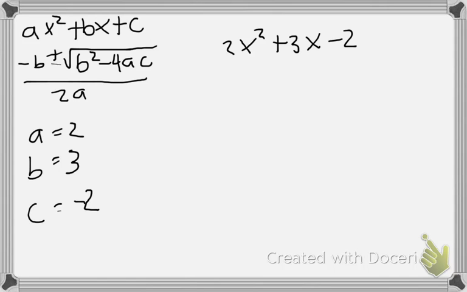So now all we have to do is take our numbers and plug them into the quadratic formula and then simplify. So let's take the opposite of b. Well, we know that b is -3, so the opposite of b is going to be 3.